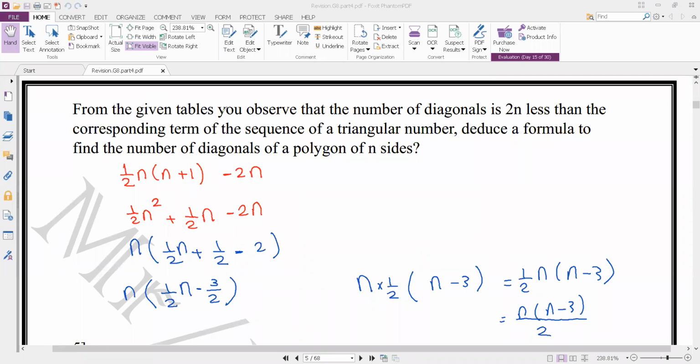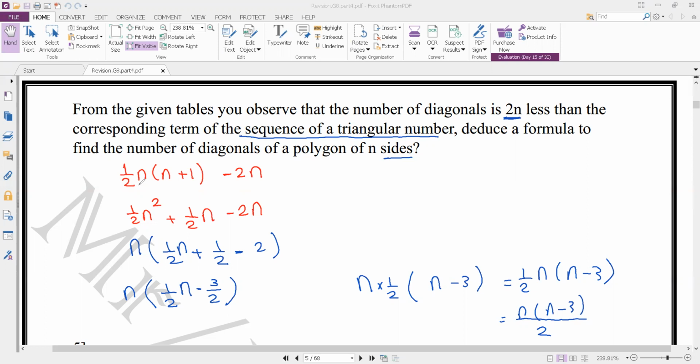From the given tables, you observe that the number of diagonals is 2n less than the corresponding term of the sequence of triangular numbers. Deduce a formula to find the number of diagonals of a polygon of n sides. So the nth term of the triangular numbers is half n times n plus 1, minus 2n. That's the rule we have deduced.